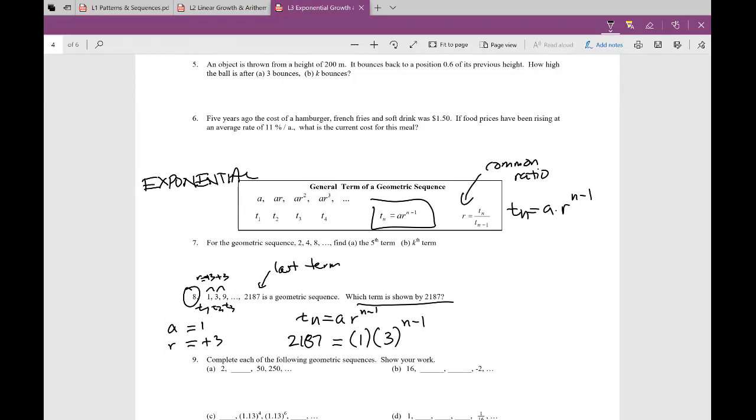So there's a couple things you can do here. You can do some logarithms. And just to show you, some of you actually are aware that 3 to the 7 is 2187, and that is equal to 1 times 3 to the n minus 1. Anything multiplied by 1 is itself.